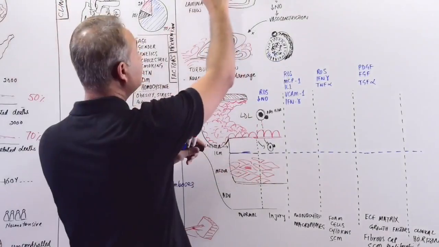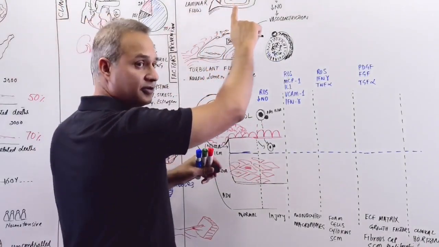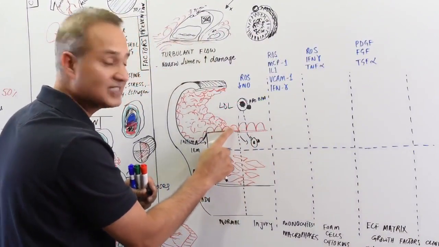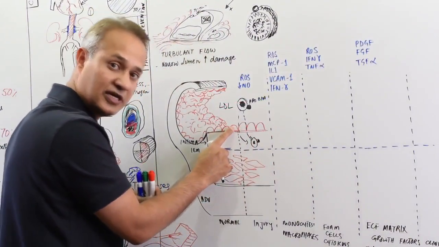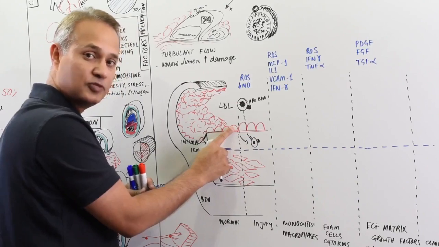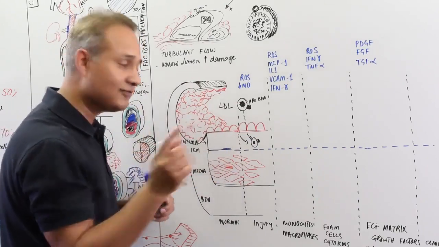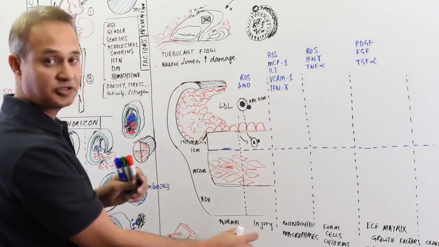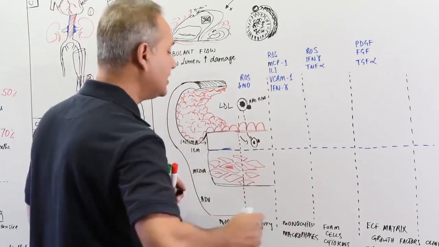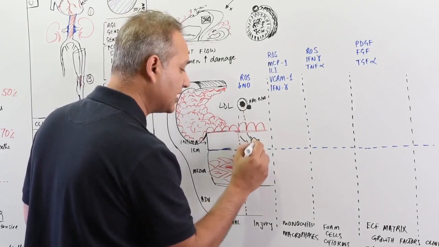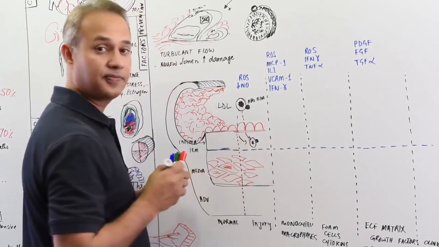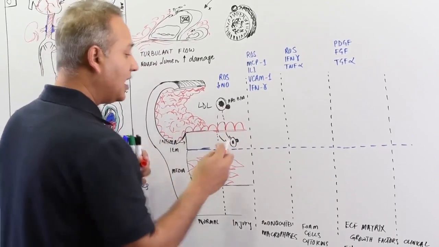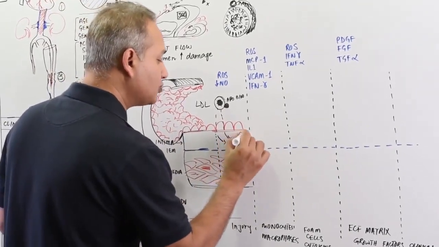We already know that if the patient was hypertensive, then we know what would happen. The shearing effect on the cells will reduce their superoxide dismutase. That would give a chance to the reactive oxygen species to cause damage, and the injury would start. So this is the column of injury. Now how would the LDL cause the injury? It would come down inside. When it comes inside, in the tunica intima, there are reactive oxygen species present here.